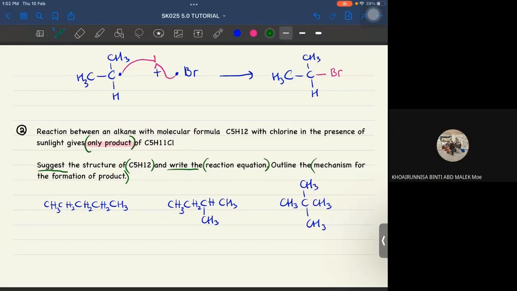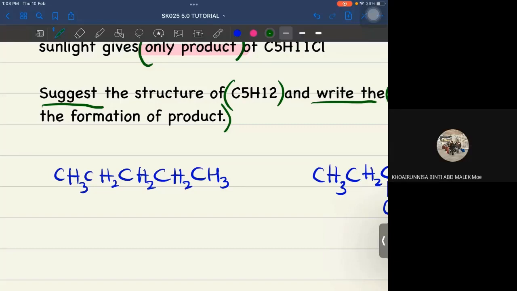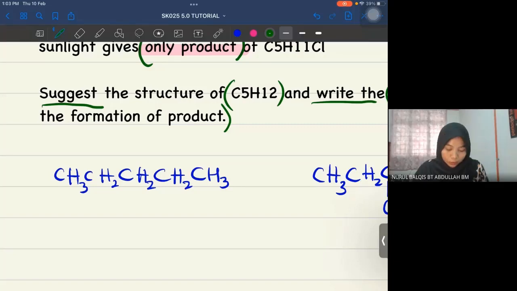Okay, so sekarang awak tengok on your pentane, how many products do you think we can get from this pentane? Look at the class of hydrogens. How many of them altogether? Awak rasa? 2. 2, okay. 2 comes from the first one, kita ada dekat CH3 kan?